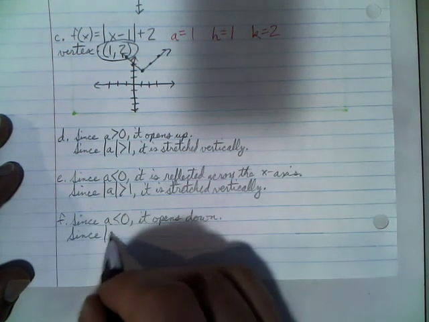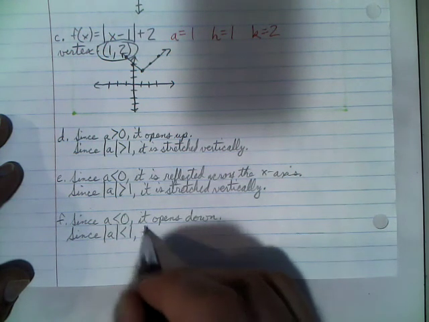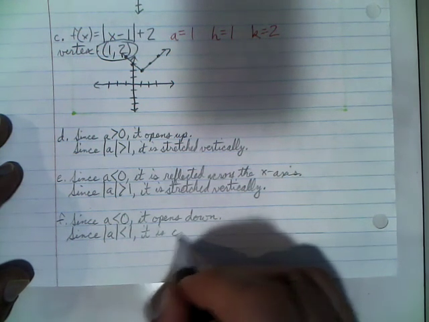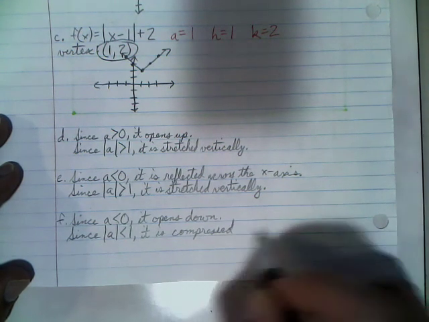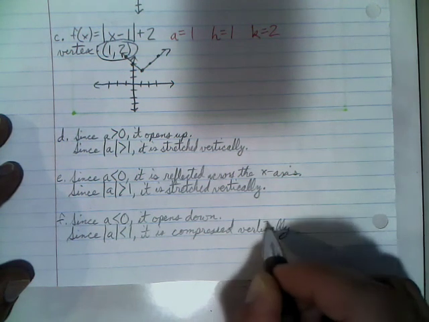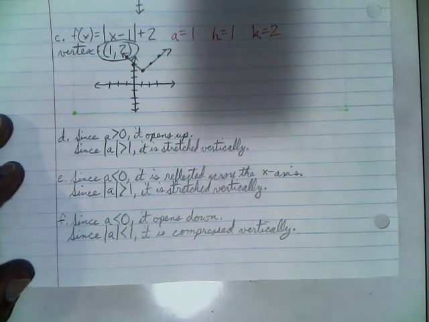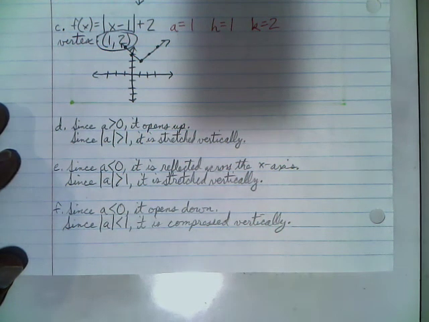And since the absolute value of a is less than 1, it is compressed vertically. And then G.